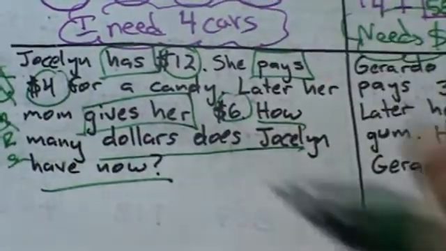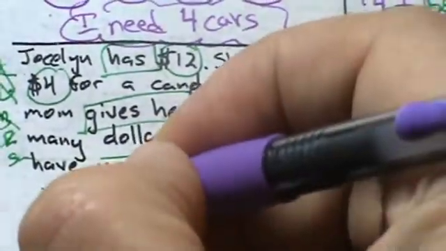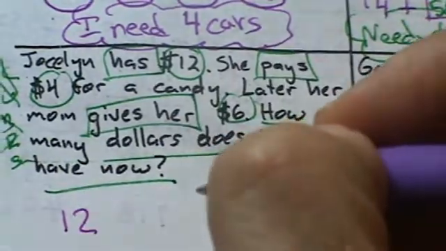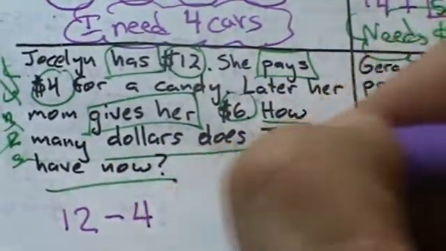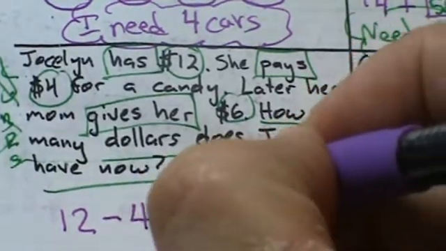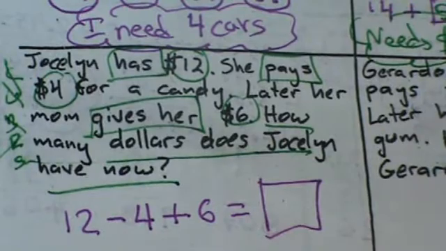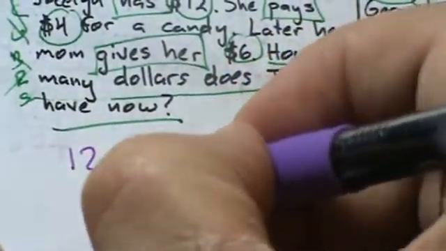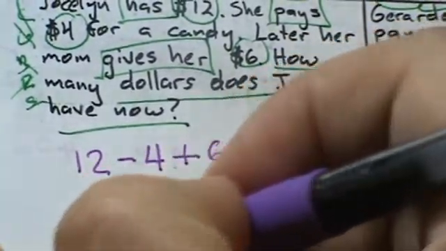Now I'm going to use an equation. Jocelyn has 12. She pays 4, so she spent $4. But later her mom gives her $6. How much money does she have now? So first I'm going to do 12 minus 4.